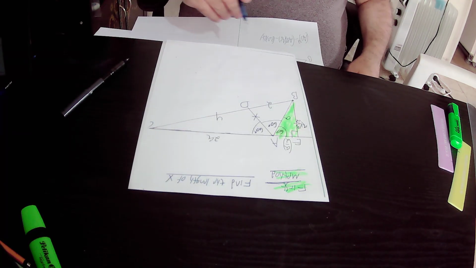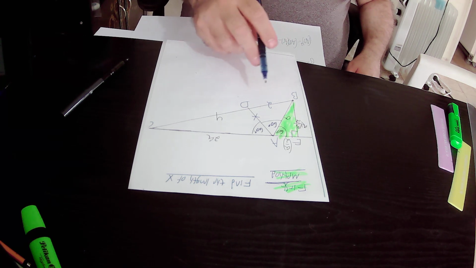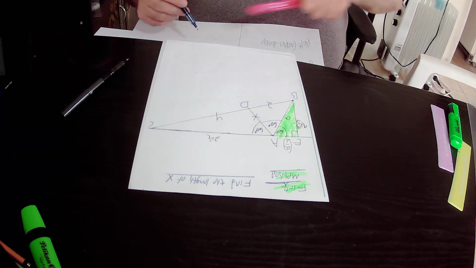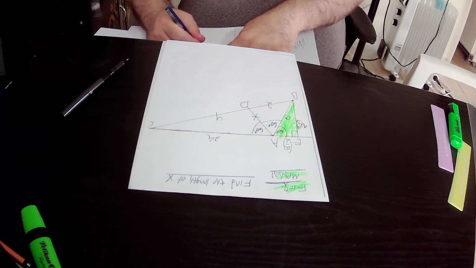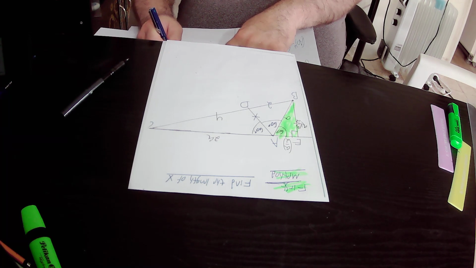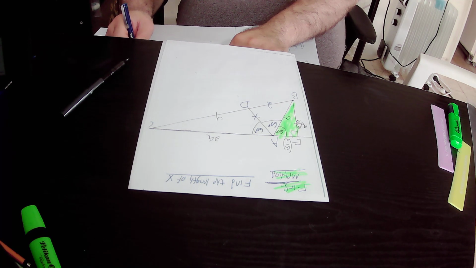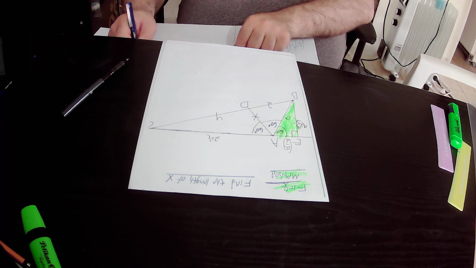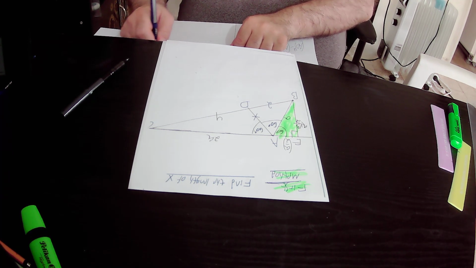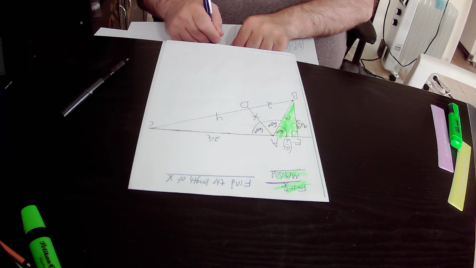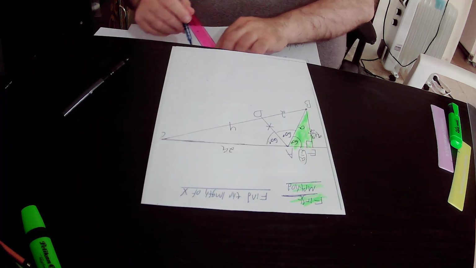I'll copy the triangle in a new page, and we will implement rule number 3 in our triangle because in our triangle ABC we have the angle bisector AD.